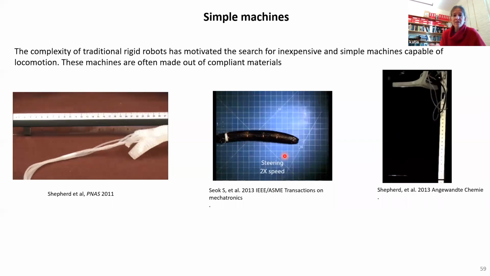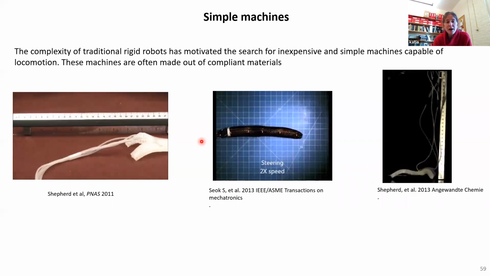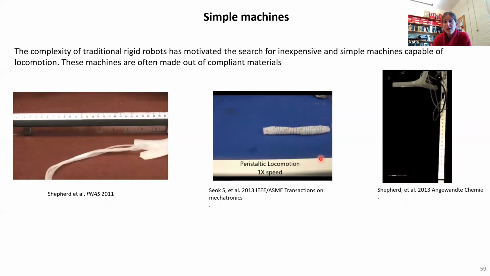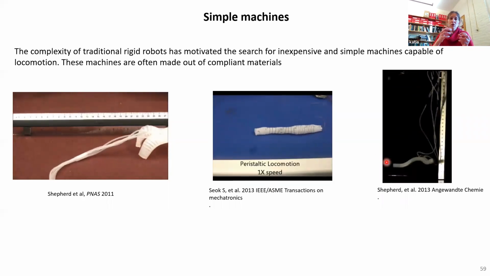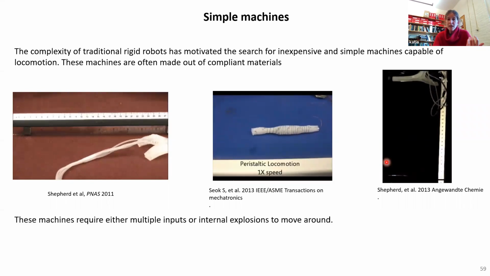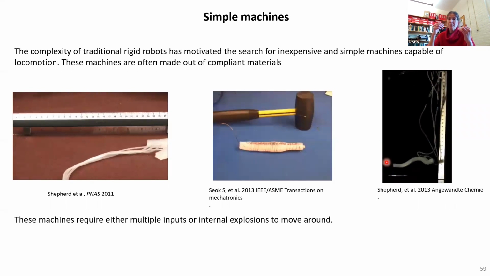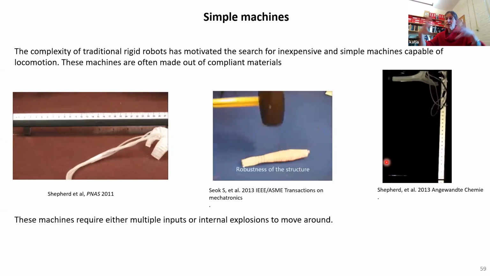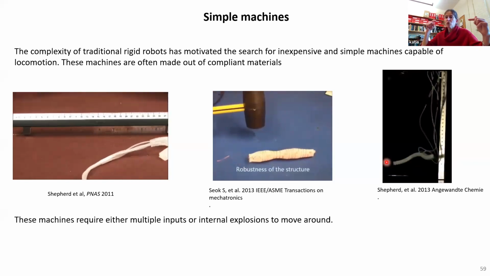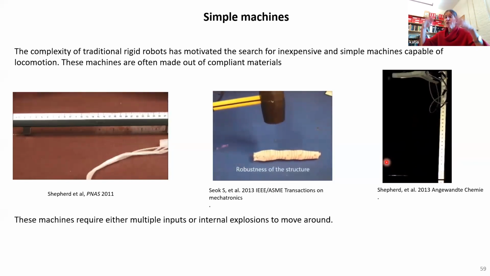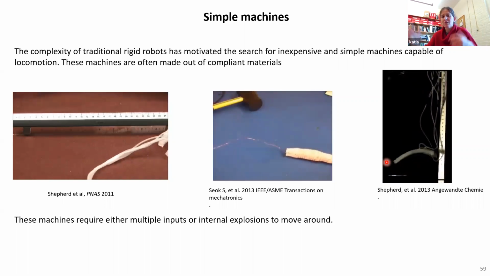If you look at all 3 examples, what they have in common is multiple tubes and multiple wires coming in. Why is this? Because these machines need multiple inputs to move, since you have multiple actuators integrated into a single machine.